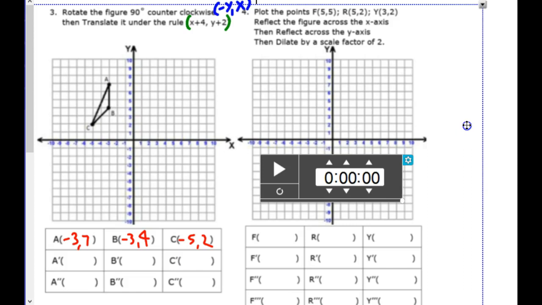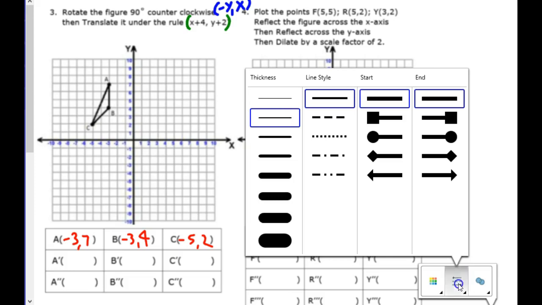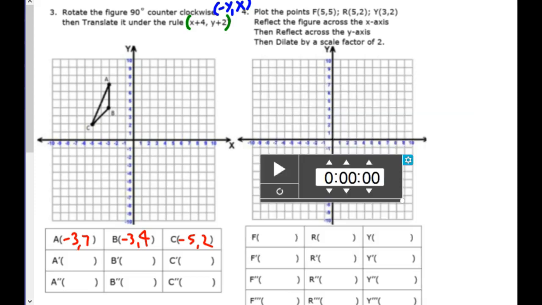All right. So let's see if you got what I got. Negative y, x is our rule, which means we're going to change all those y's, and then we're going to switch them. So this y of 7 becomes negative 7, and then switch the order to get negative 7, negative 3. Is that what y'all got?